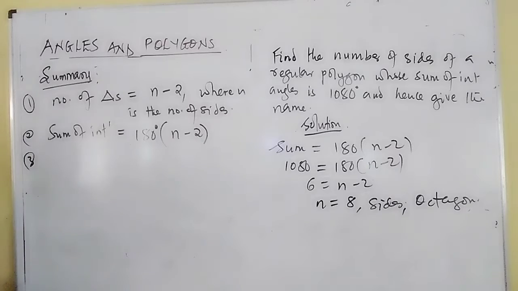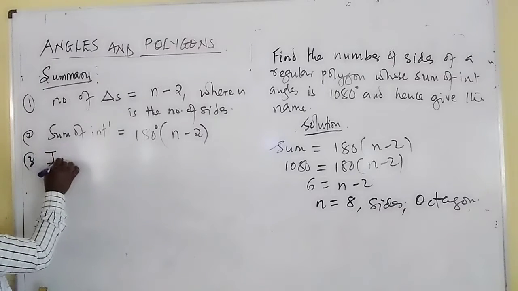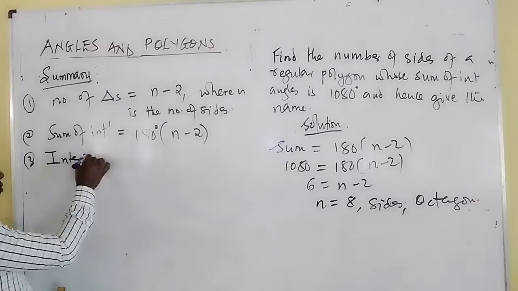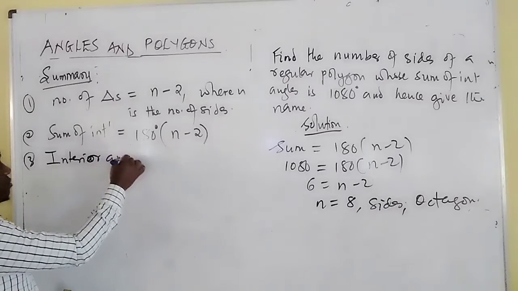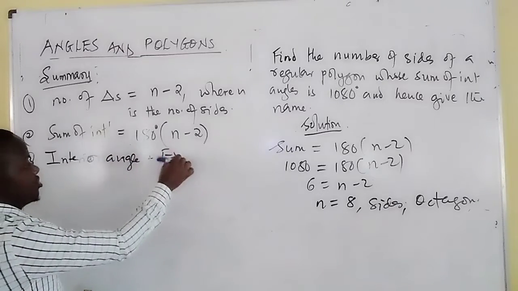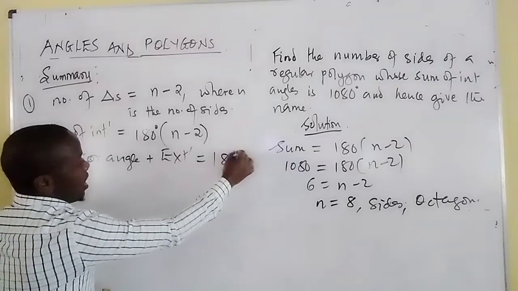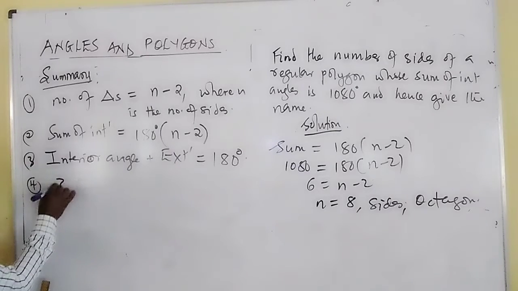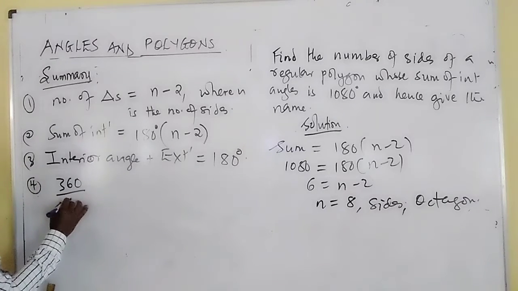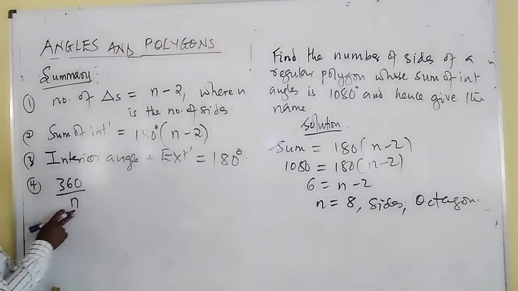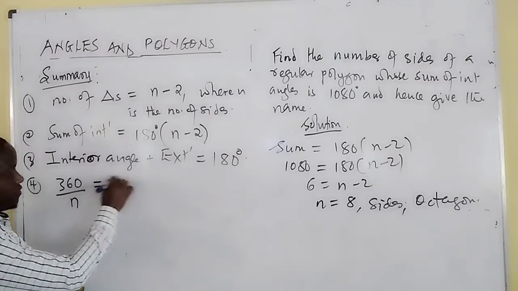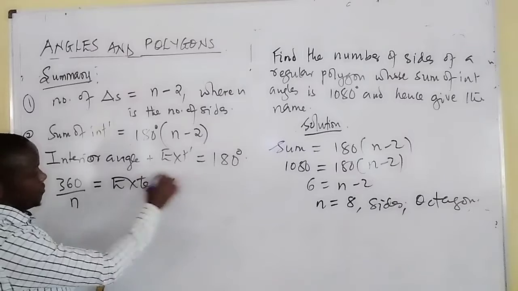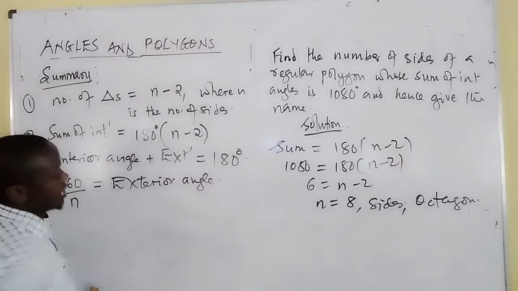Number 3, interior angle plus exterior angle should give us 180 degrees. We have also mentioned that we take 360 and divide by n, where n is the number of sides of the figure, and we will get the size of the exterior angle.